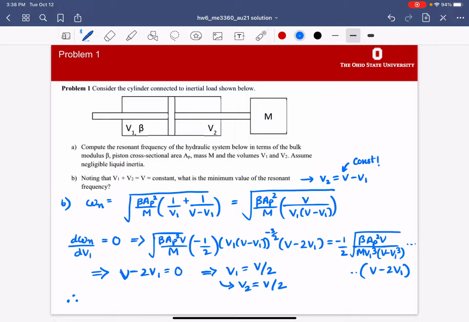Therefore, at V1 equal to V by 2 and V2 equal to V by 2, we have our frequency as the square root of 4 beta Ap squared divided by mV. There you go.